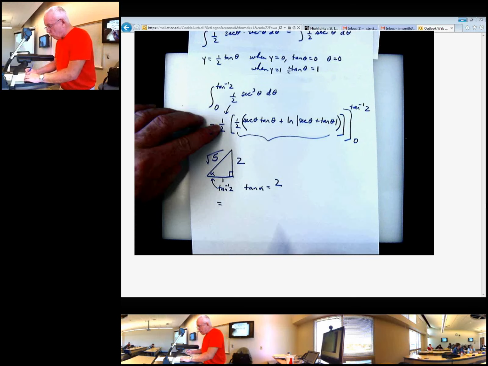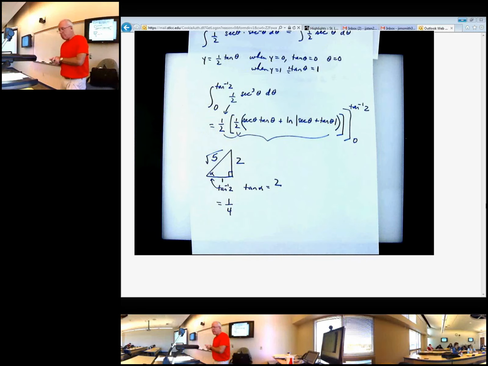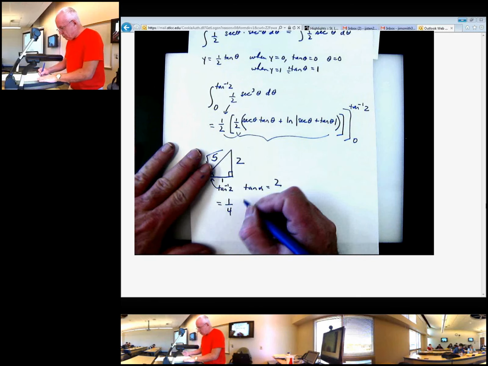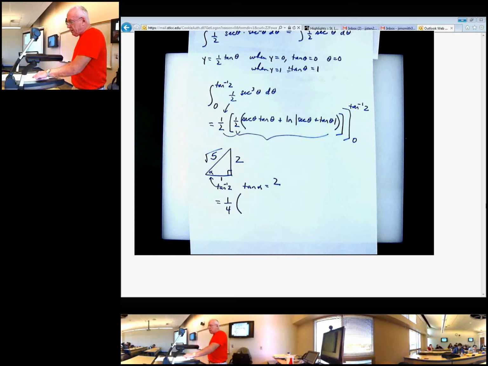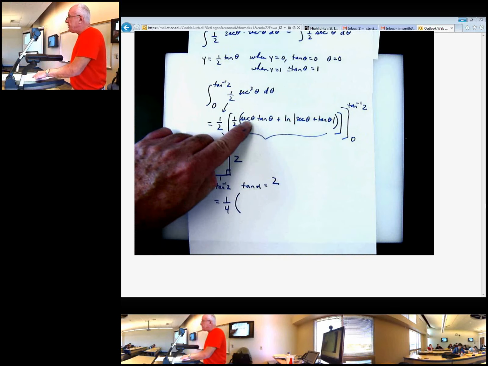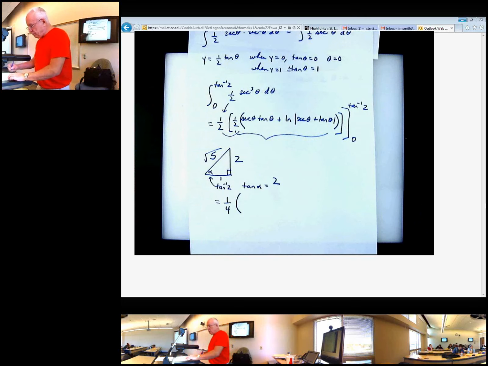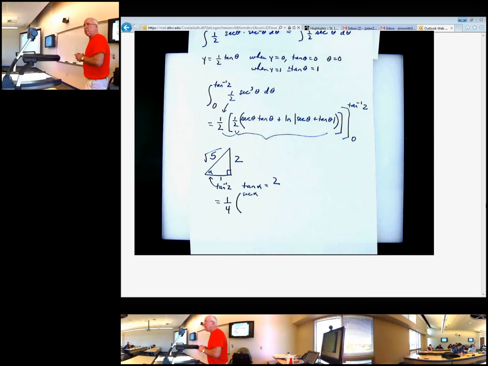First of all, 1/2 times 1/2 is 1/4, so let's get that out of the way. Now let's do some parentheses. The first thing we have to do is the secant of the arctan of 2. So we have to do the secant of this angle alpha.